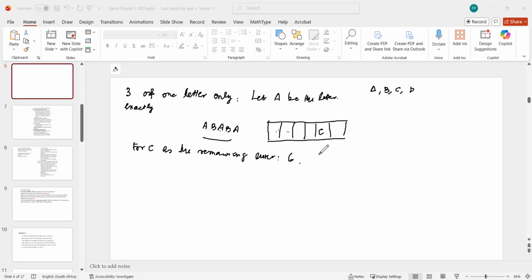And also for D. So that makes 12 altogether. Six for C and six for D. Now that is where the A is the one which is repeated.